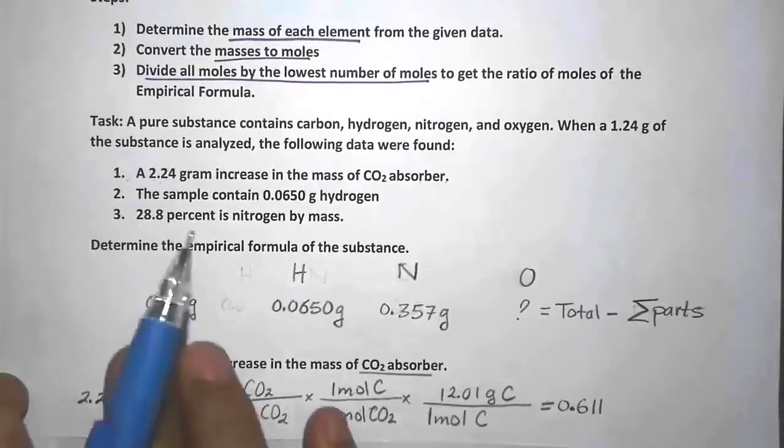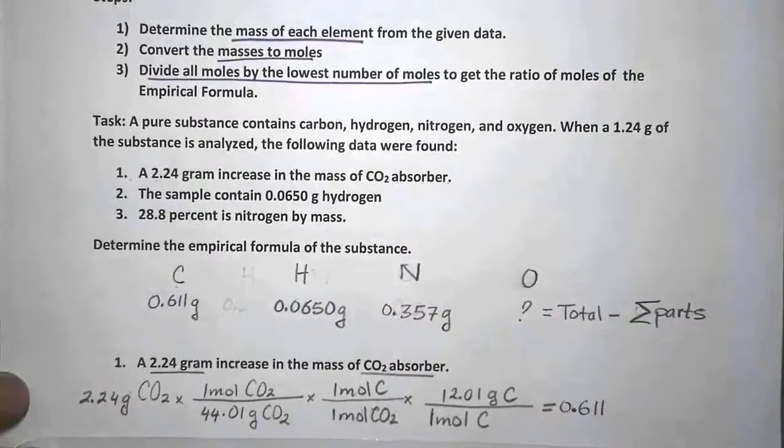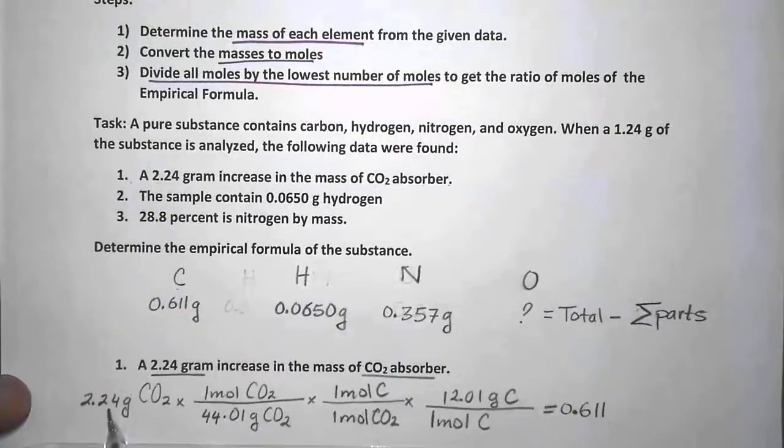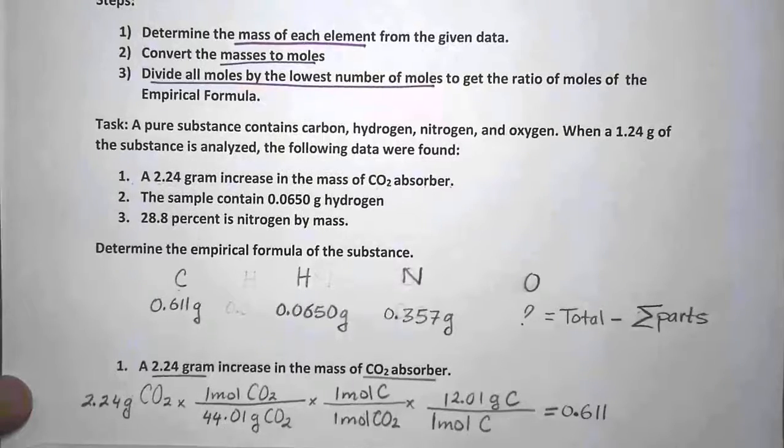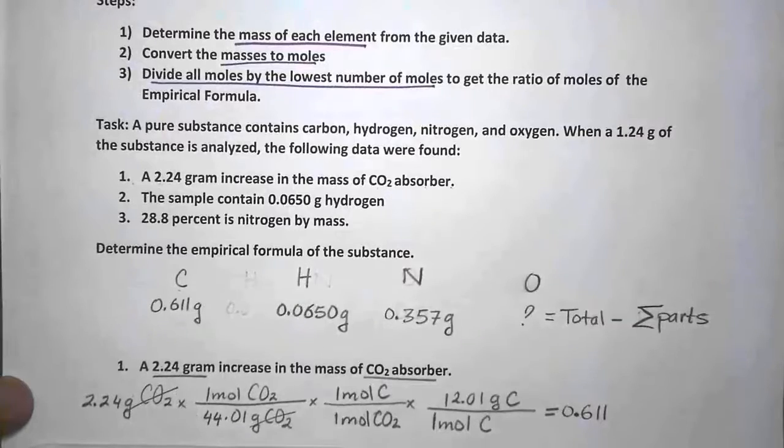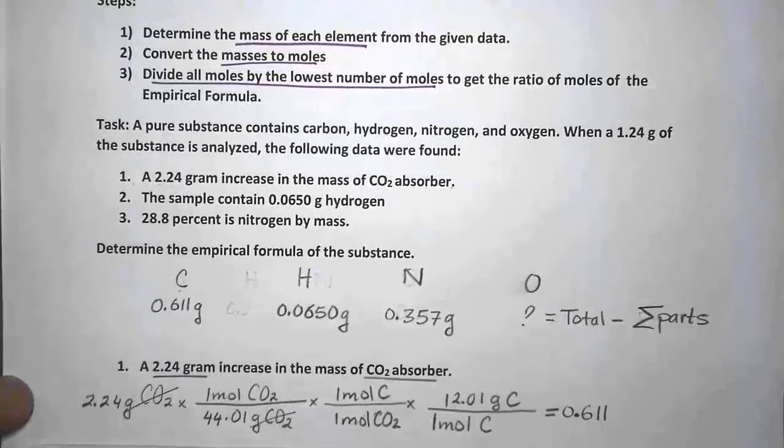This is our answer, so this is supposed to be hidden from you, okay? So what we have here is 2.24 grams of carbon dioxide times, based on the stoichiometry flowchart, the molar mass conversion factor of carbon dioxide, with the grams on the bottom. So it's going to cancel out and give us moles of carbon dioxide, and we convert to carbon by multiplying by the mole ratio.